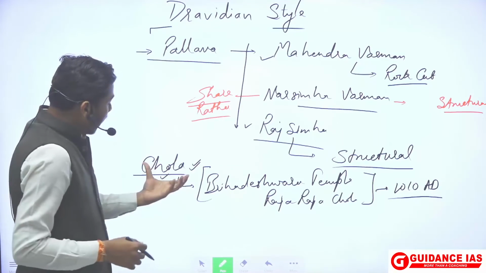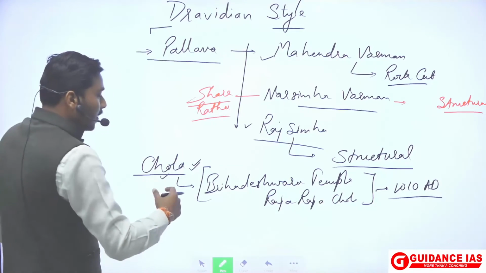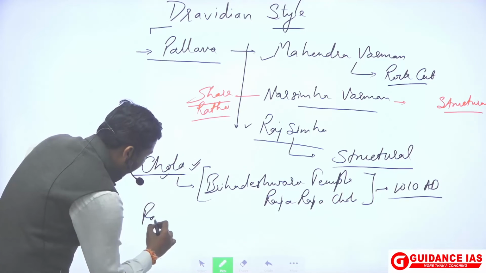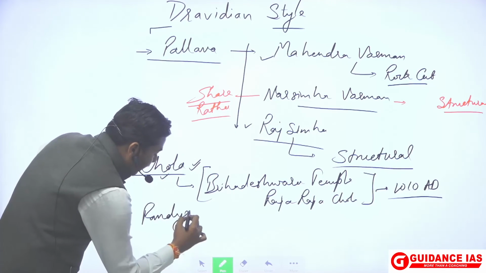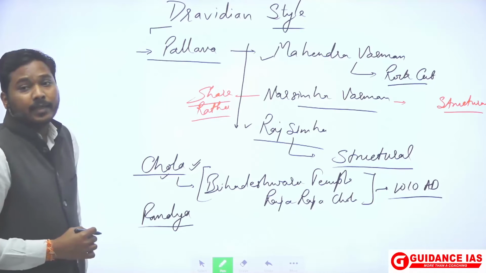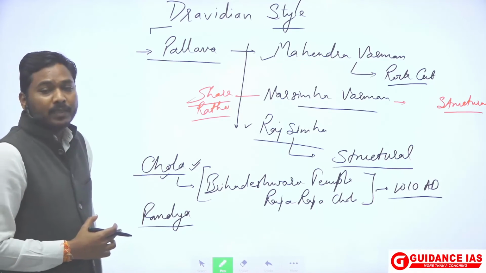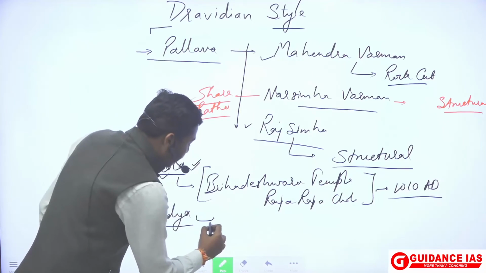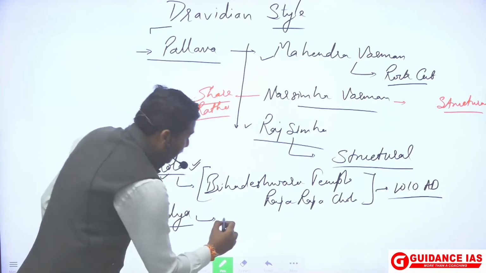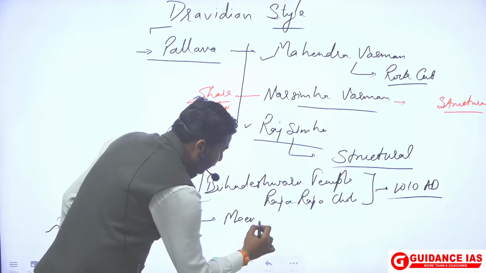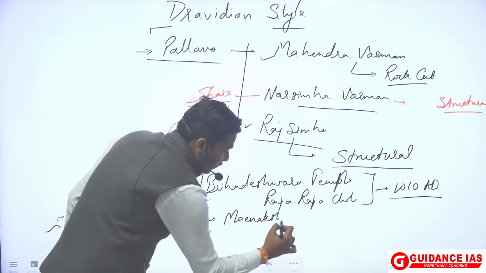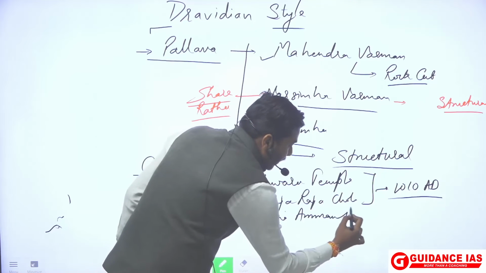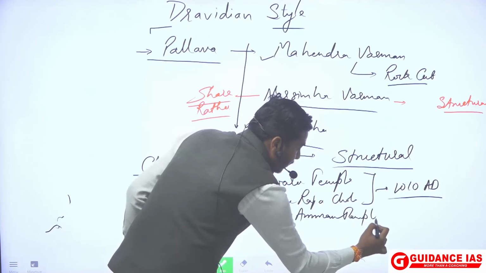Clear? After the Cholas, temple architecture was moved forward by the third dynasty, the Pandyas. And the biggest example of Pandyan contribution in temple architecture is the Meenakshi Amman temple in Madurai.